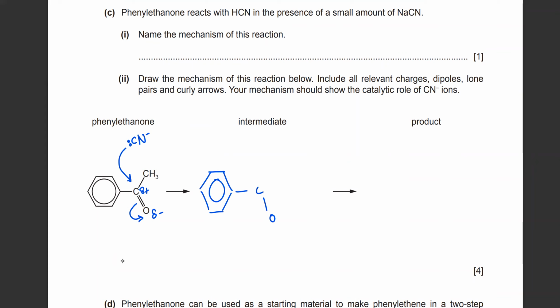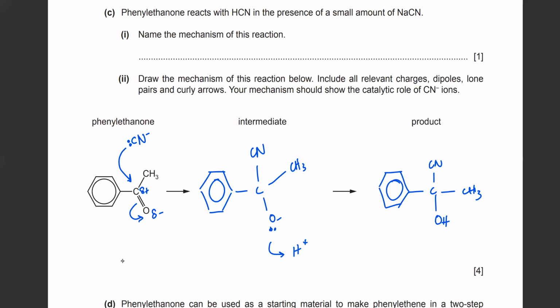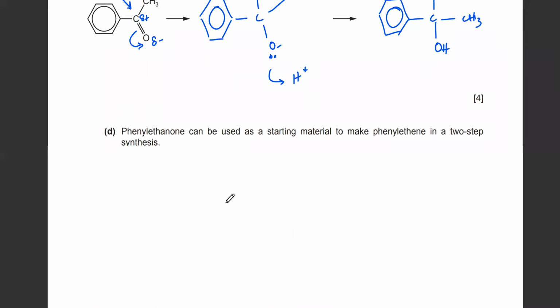The oxygen over here would become -1, and the CN will get attached over here. And in the next step, the H+ would come in and join, forming a cyanohydrin. So CN, CH3, and there's going to be OH here. And it would form a cyanohydrin.